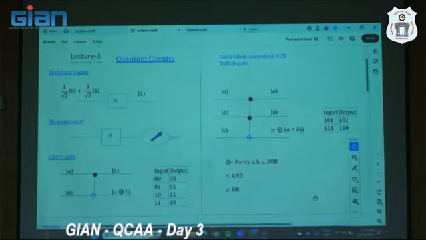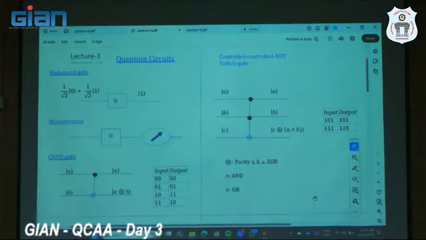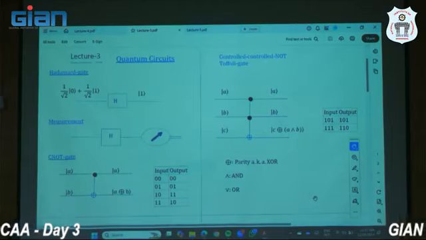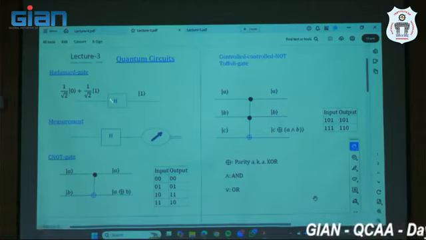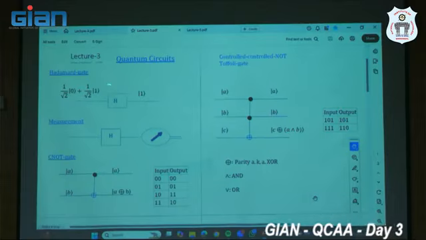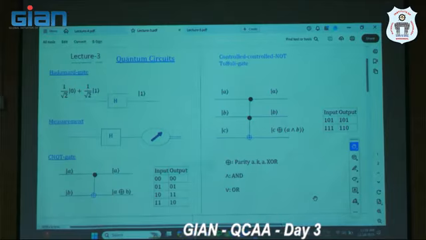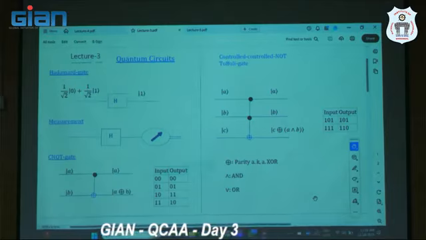Okay. Now, the thing is, we have the Hadamard gate, right? We have seen that the Hadamard gate takes... Okay, I will have to correct it. This should be 0.